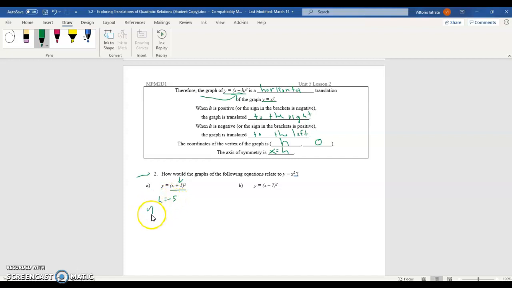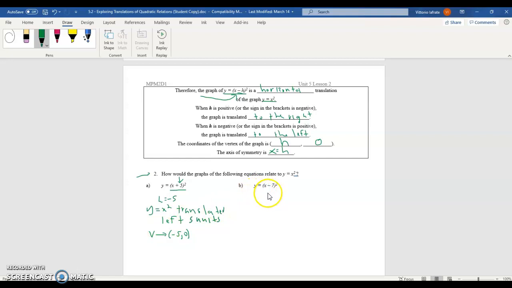So what that means is that this graph here is y is equal to x squared translated to the left 5 units. And our vertex, if you want to find the vertex, would simply be negative 5, 0, because it's h, 0.